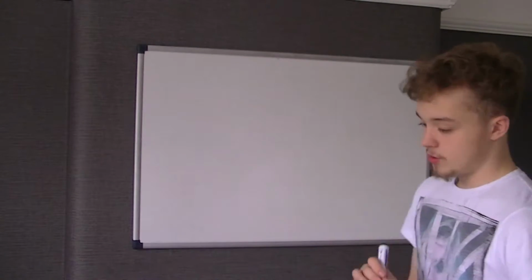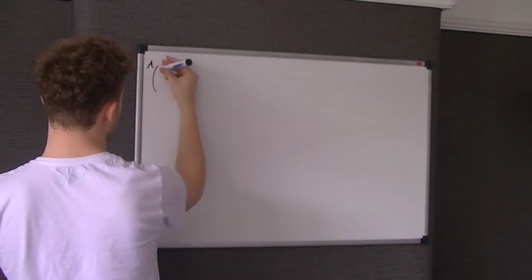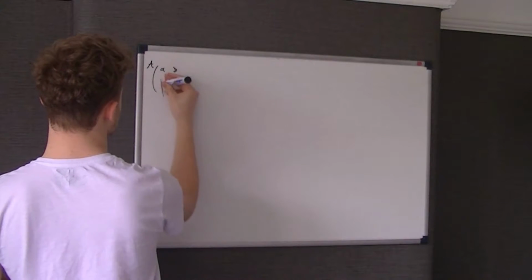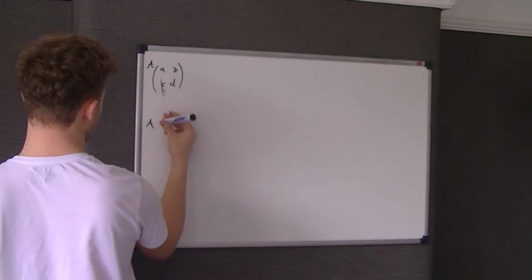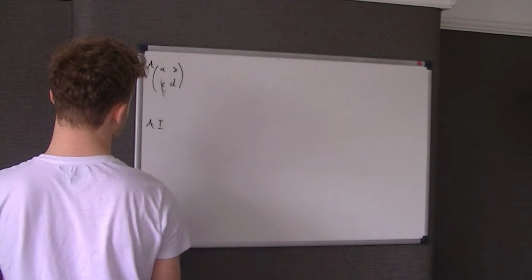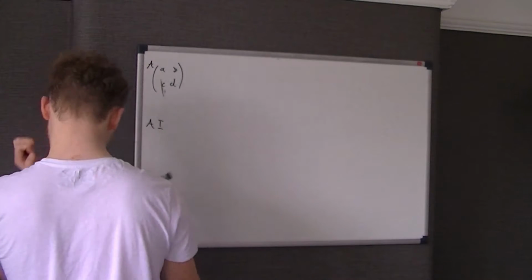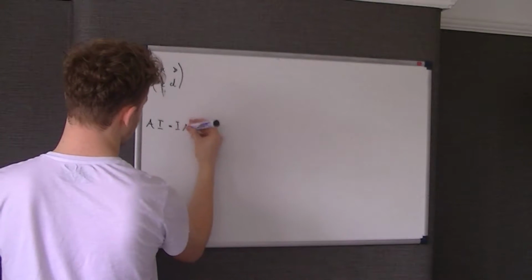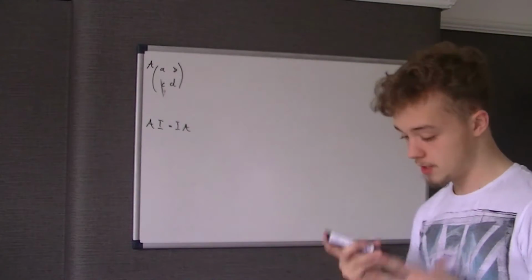It acts as a factor of 1. So if we've got this matrix big A, made up of a, b, c, d, when we do the matrix A times the identity matrix, that is the same as doing the identity matrix times the matrix A. It seems logical.